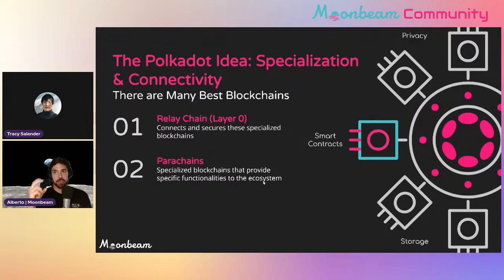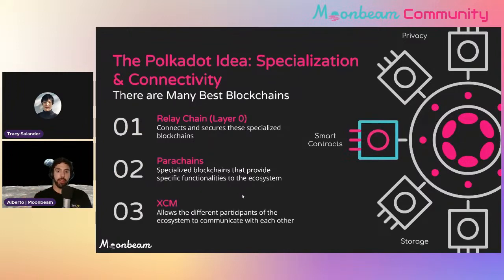When I say specialized, they're optimized, built from the ground up thinking about these features. It's not that you have to adapt and build privacy solutions on top of smart contract chains. You're building the blockchain from the ground up, thinking about privacy, storage, or smart contracts. That really benefits when you're building optimized blockchains for specific purposes.